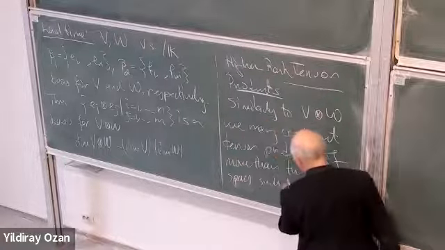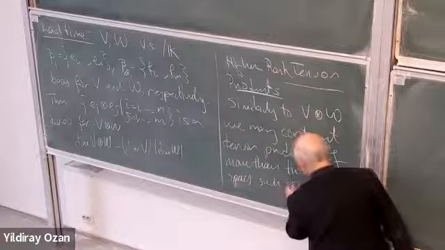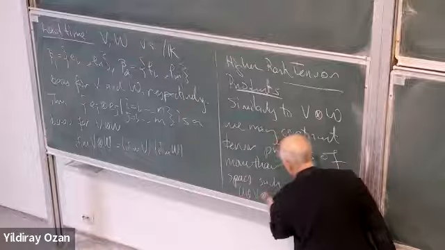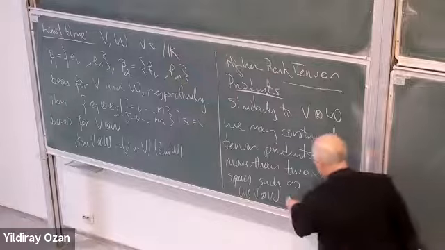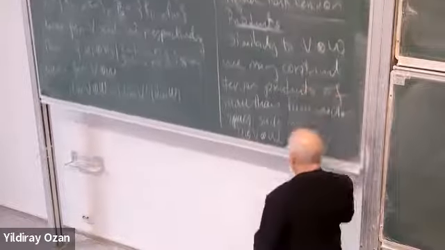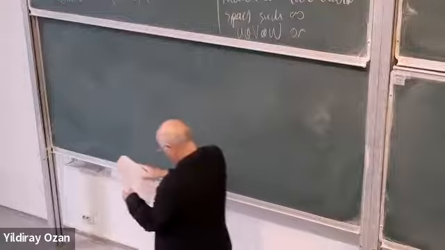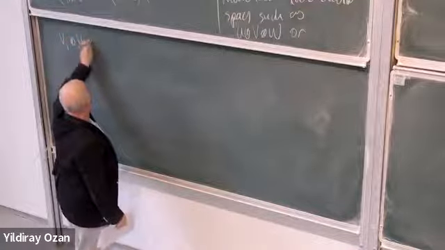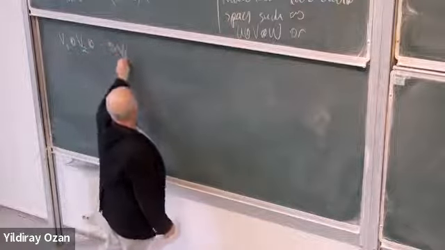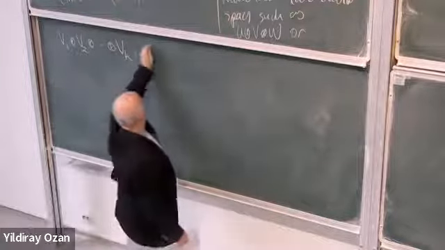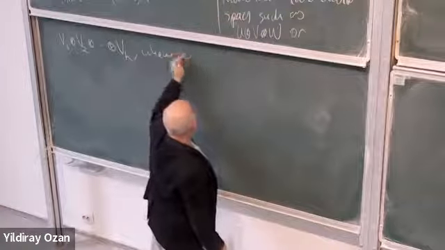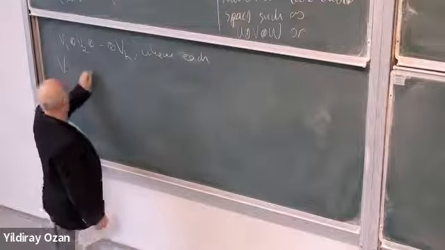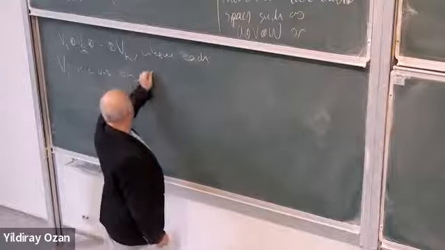such as, let's say, the tensor product of U, V, and W. Or we may just take the tensor product of V1 up to Vn, where each Vi is a vector space over the same field.